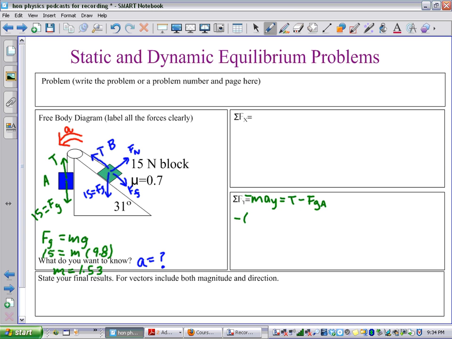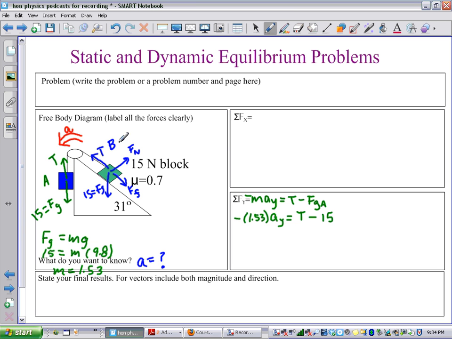So negative 1.53. We don't know what a_y is. We don't know what tension is. But we do know that F_gA is 15. So we have an equation with 2 variables, which means we need at least 2 equations to solve.